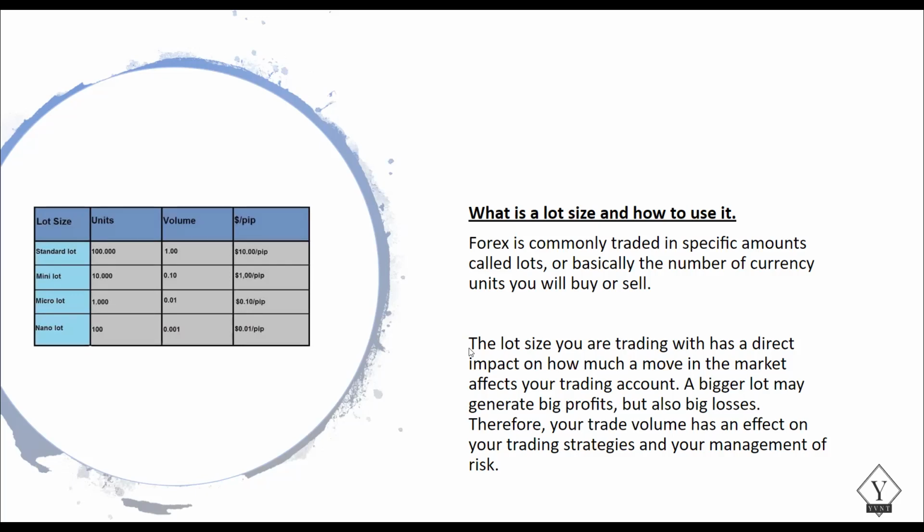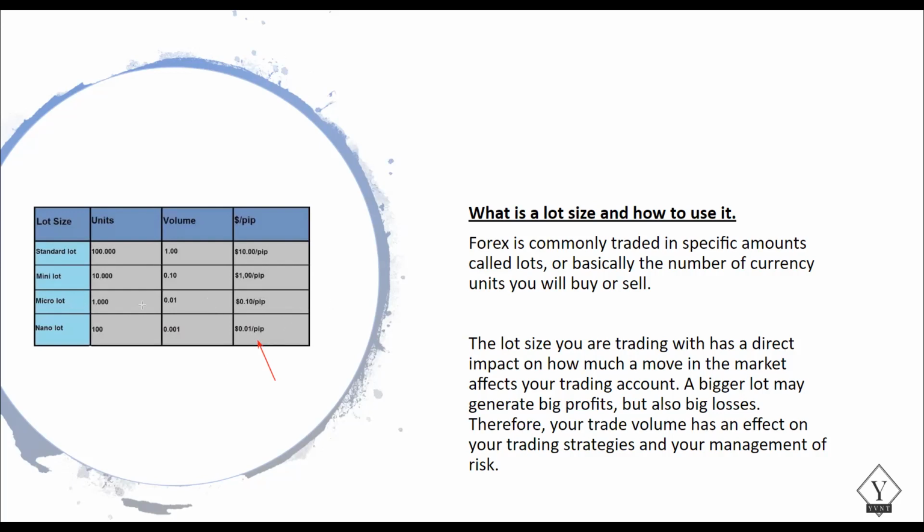A nano means that 1 pip costs 1 cent. A micro means that 1 pip costs 10 cents. A mini, let me just get my annotation arrow there. Let's change the color to red. So a nano means that 1 pip costs 1 cent.